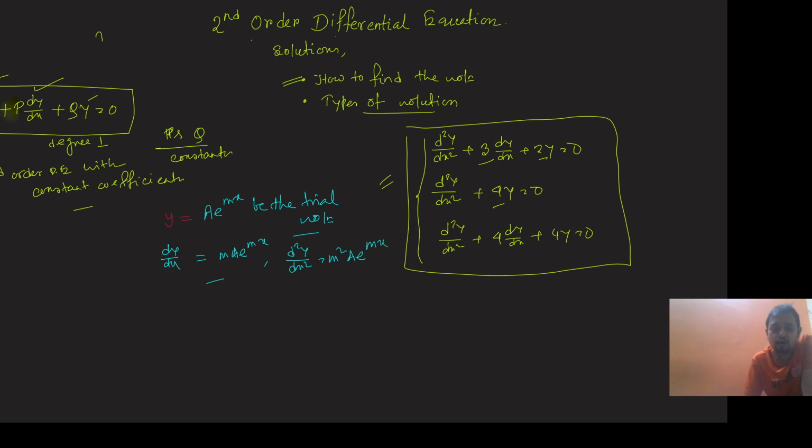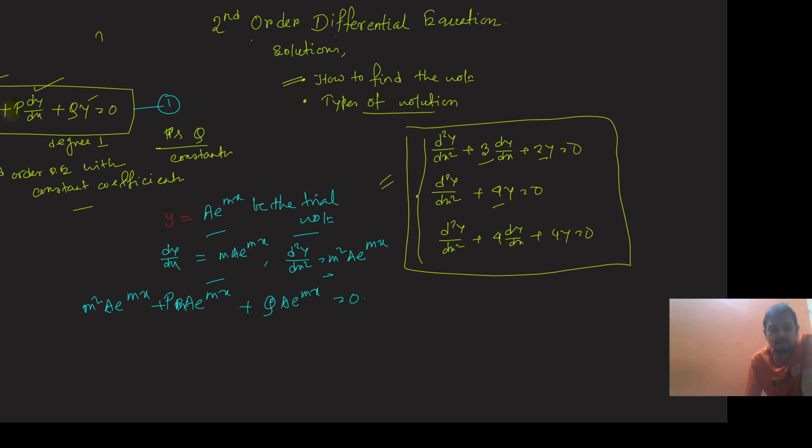Now if we put all these values in this equation, what do we get? We get m square a e to the power mx plus p m a e to the power mx plus q a e to the power mx is equal to 0.